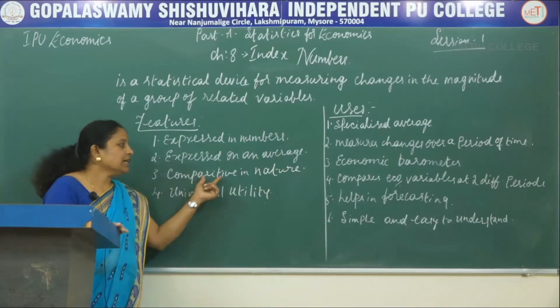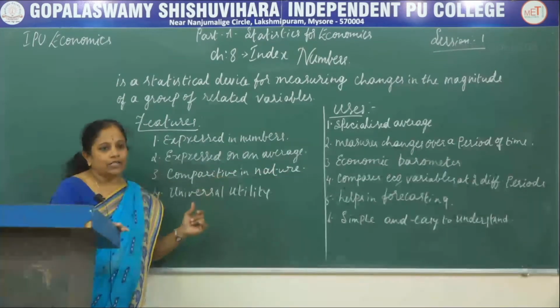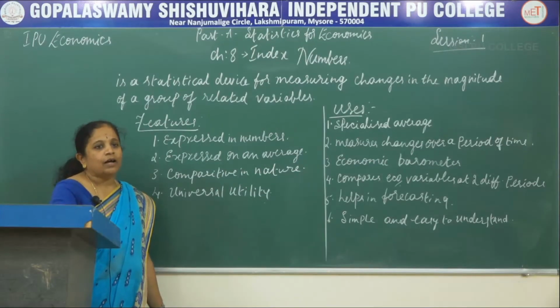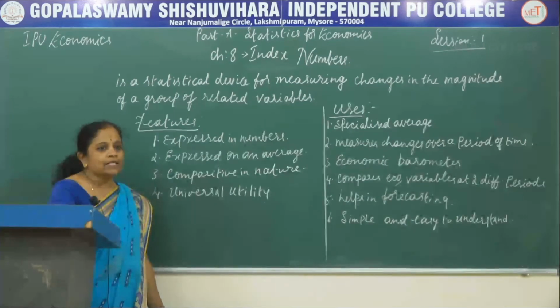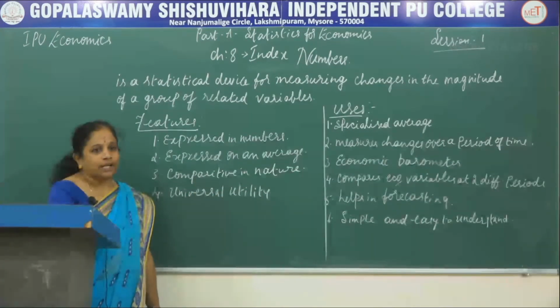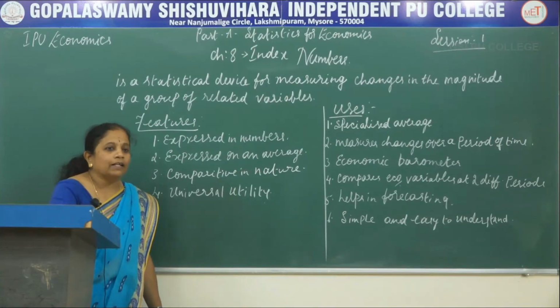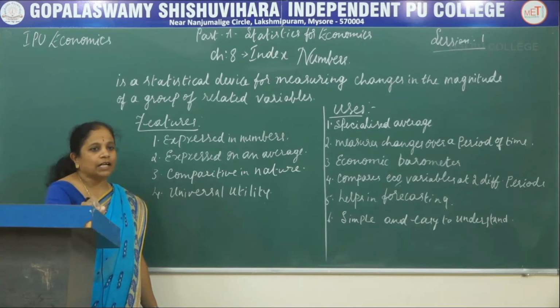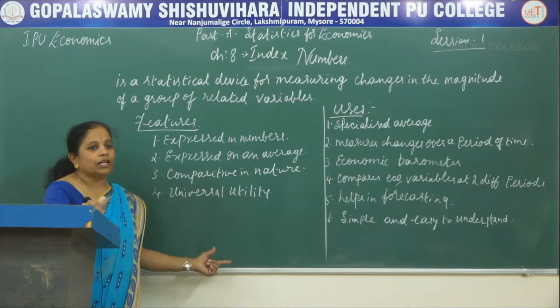The third one is that it is comparative in nature. As you all know, statistical data are prepared for the comparison and analysis of the reasons for the variations or the changes. They are highly comparative in nature. Index numbers are considered every year and they are taken into consideration for comparing the changes that take place in a particular area.